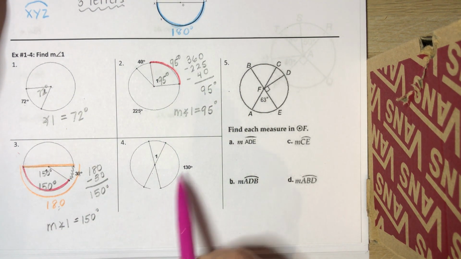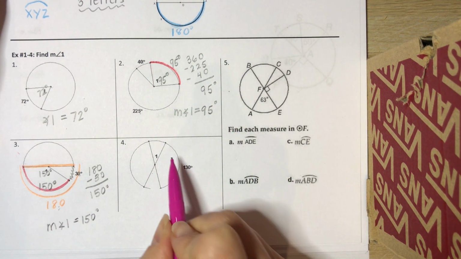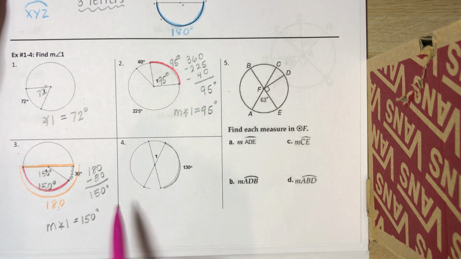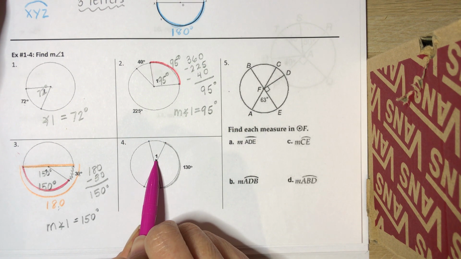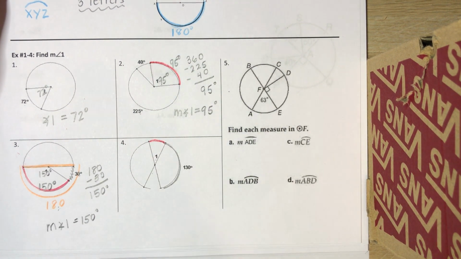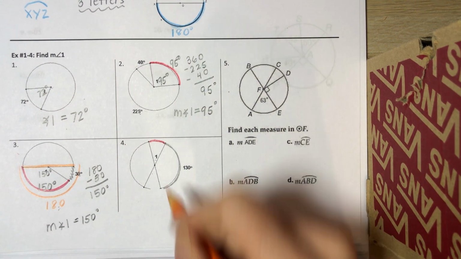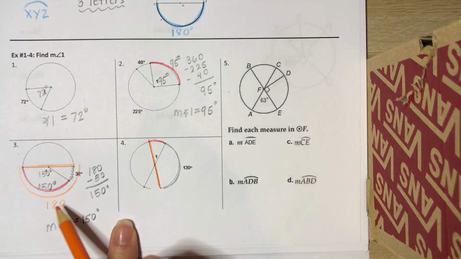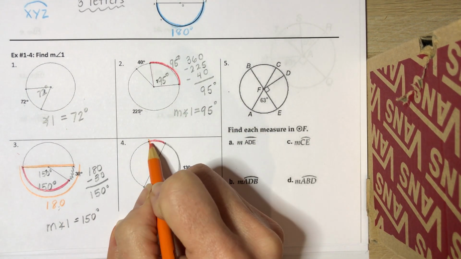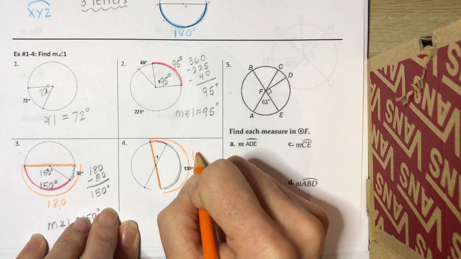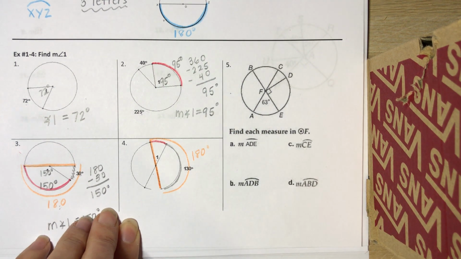Let's take a look at number 4. We know that this part here is 130 degrees. I know I have angle 1 right here, which means I should figure out what this minor arc is. Again, do we see some diameters drawn in here? This is a diameter. So just like in the previous problem, if this is a diameter, I know the whole thing is 180 degrees.